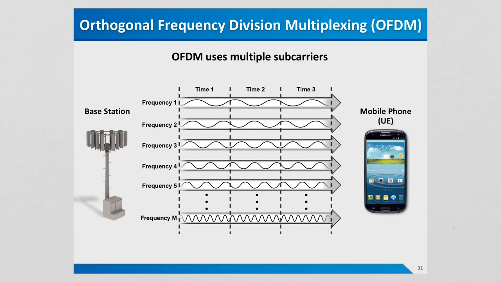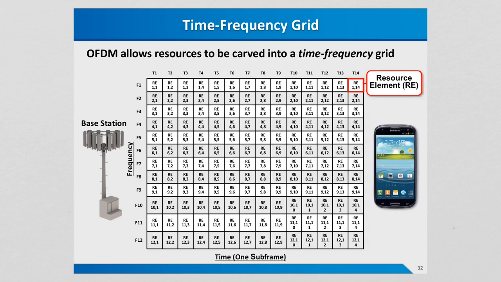Each time instance, it sends an OFDM symbol, which is actually a separate signal being sent over each one of these M frequencies. Each of those frequencies could carry, let's say, a QAM symbol or a QPSK symbol, and these could all be transmitted in parallel.